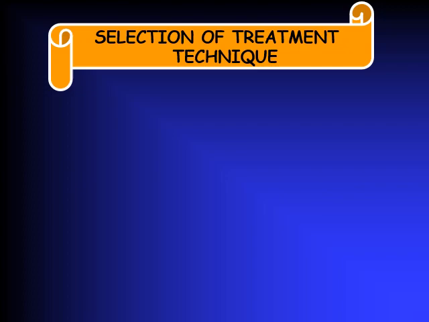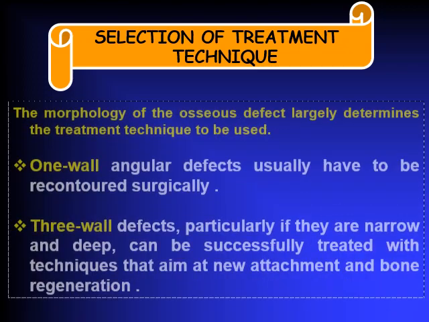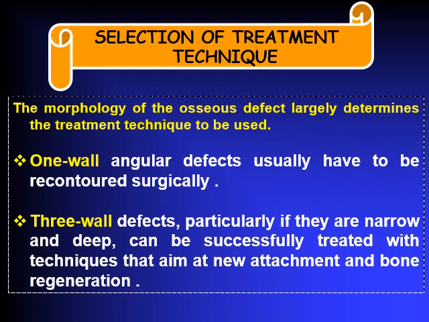Now, how to select the treatment technique? The morphology of the osseous defect largely determines the treatment technique to be used. For example, one wall angular defect usually has to be recontoured surgically with osteotomy, as I will discuss with you in the next figures.